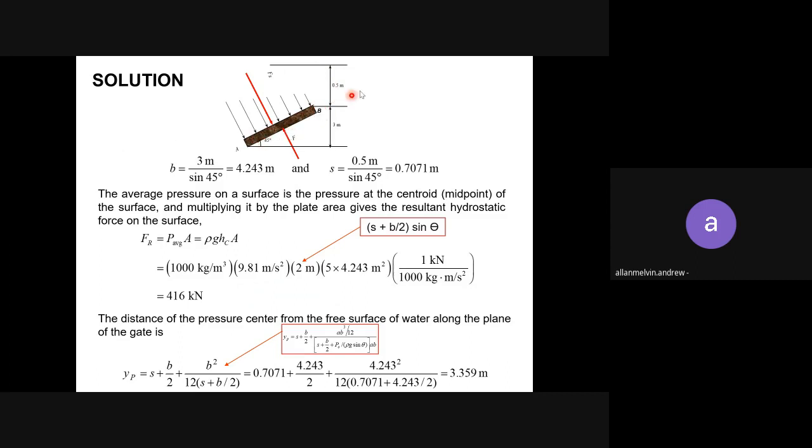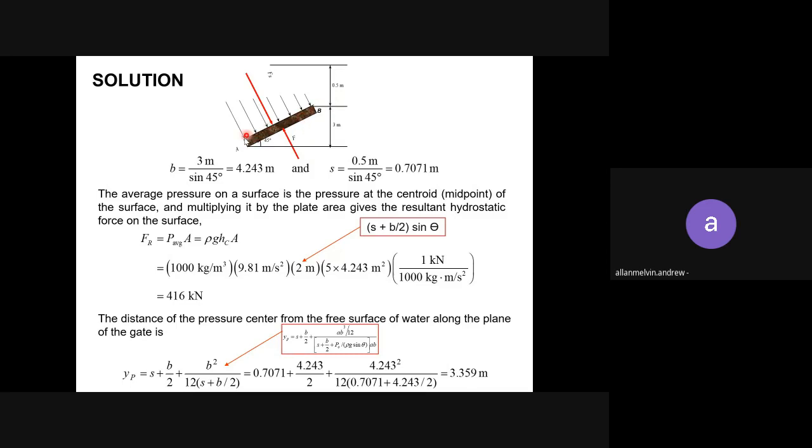So S will be this way. Don't take this; this is for the vertical. Vertical or horizontal, you can consider this, but when it is at an angle, you need to connect this to the surface and see what the length of S is.